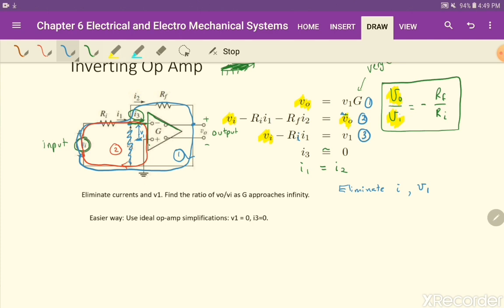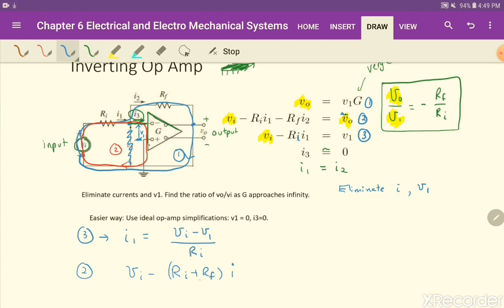So the first step is to get rid of the current. Using equation 3, your current I1 is VI minus V1 divided by RI. With that expression for the current, you go to equation number 2, which is VI minus RI plus RF times the current.